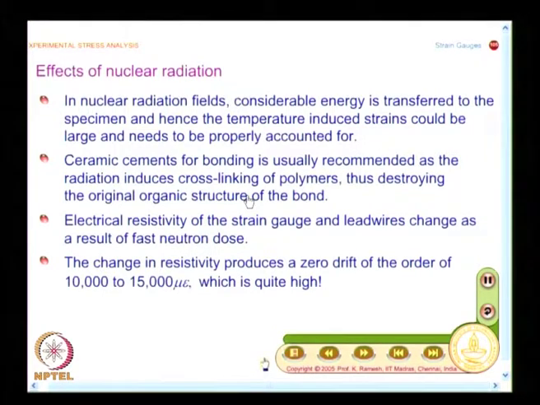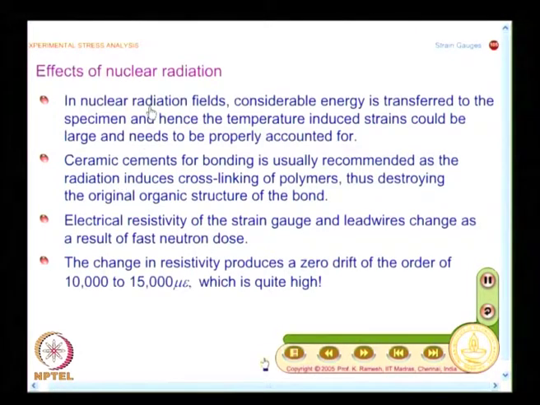The other aspect is the electrical resistivity of the strain gauge as well as the lead wires change as a result of fast neutron dose. So, I see three effects. I need to go for special cements like ceramic cements to bond the strain gauge.